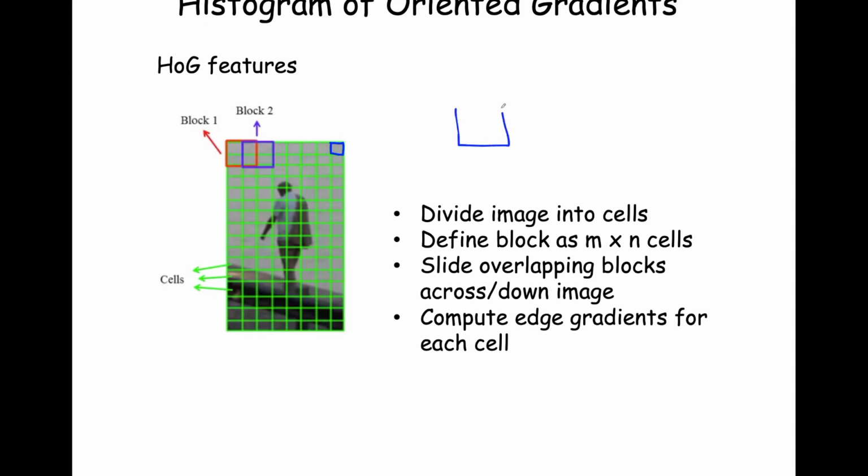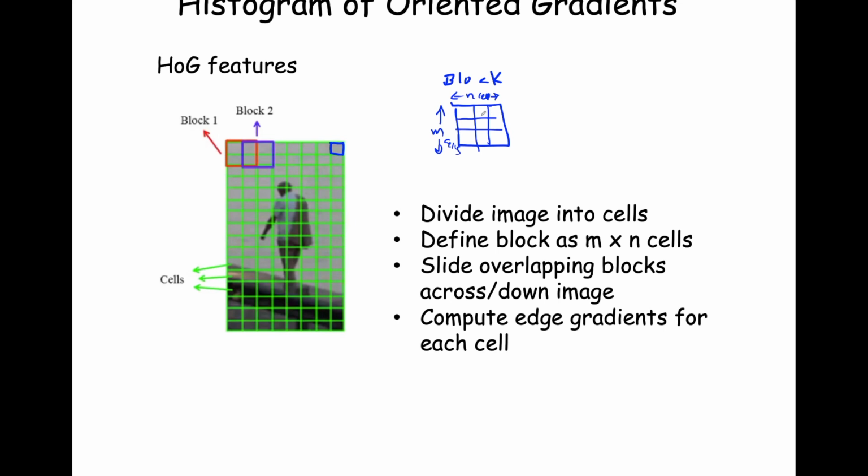Here we have a block, and let me write the name, block. Let me switch from my mouse to my pen so I get a little bit better control over what I'm writing. A block is going to be m cells by n cells.